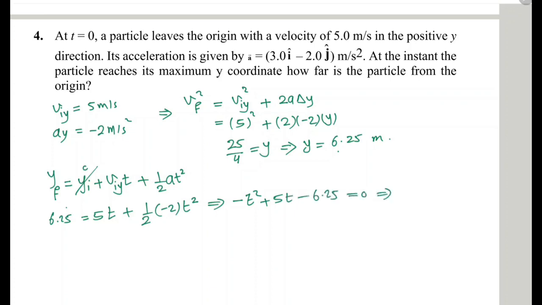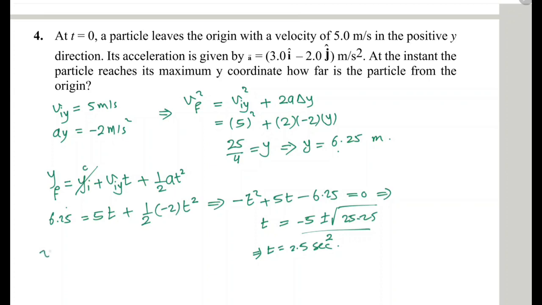You solve it, you will find t equal to minus 5 plus minus square root of 25 minus 25, divided by 2, or in this case t equal to 2.5 seconds.